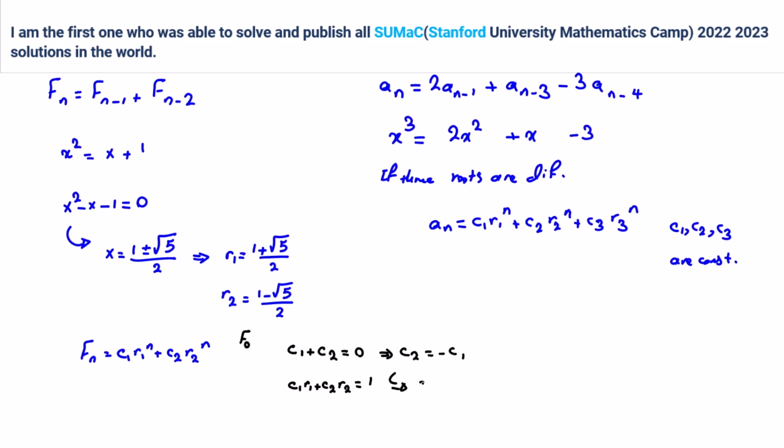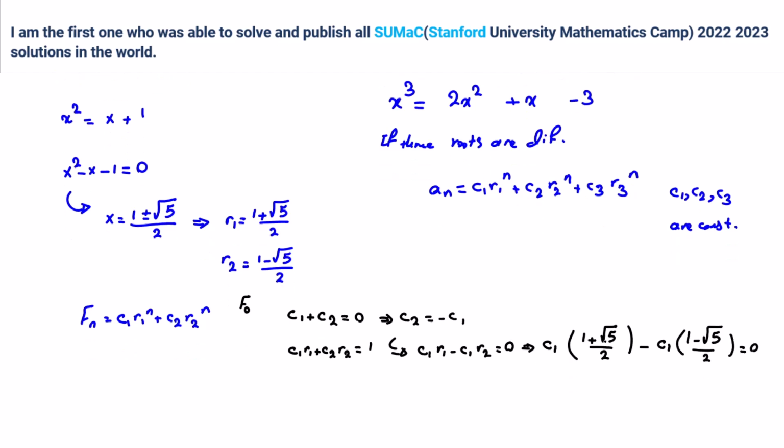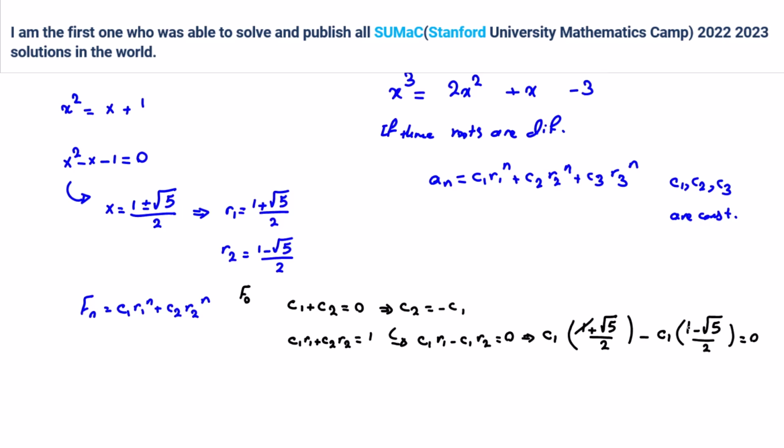So c1 r1 minus c1 r2 is 1. Now c1 r1 is 1 plus root 5 over 2 minus c1 times 1 minus root 5 over 2, so the 1 and negative 1 cancel out, and it will be c1 root 5.